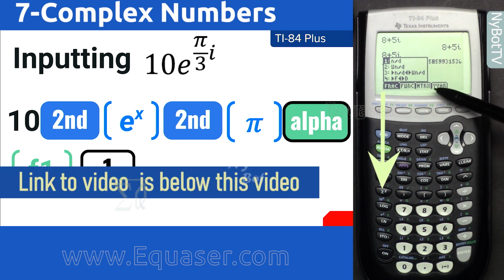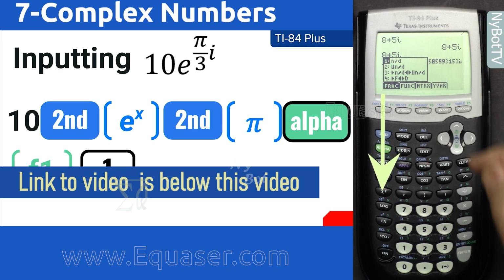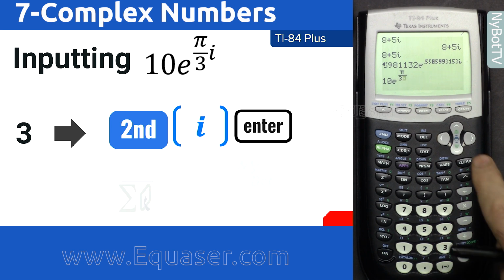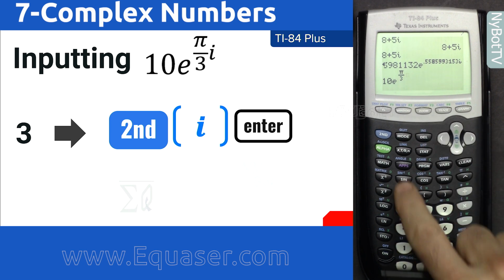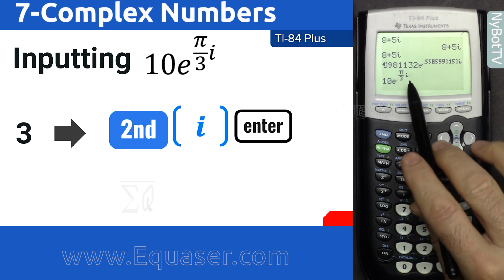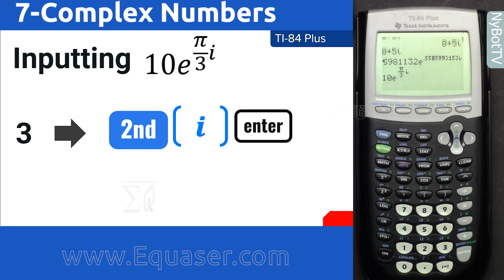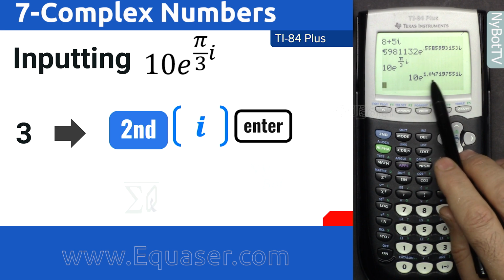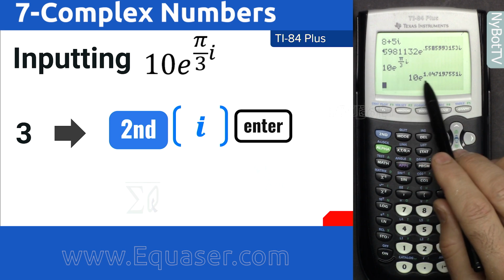I have a separate video on how to update the OS. The link is below the video in the description. Press 1, and then we press 3 with the arrow, go to the right, and then second function i, and enter.